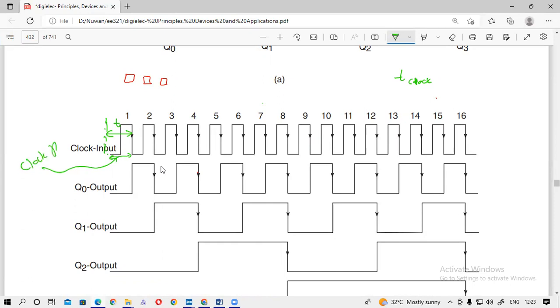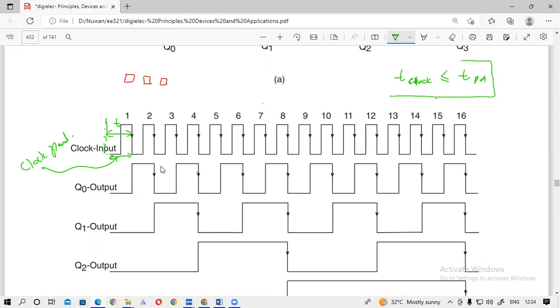Let's say the clock period is t, that is the time for one clock cycle, so let's say it is T clock or something. And for the output not to be affected, this T clock should be less than or equal to the propagation delay.